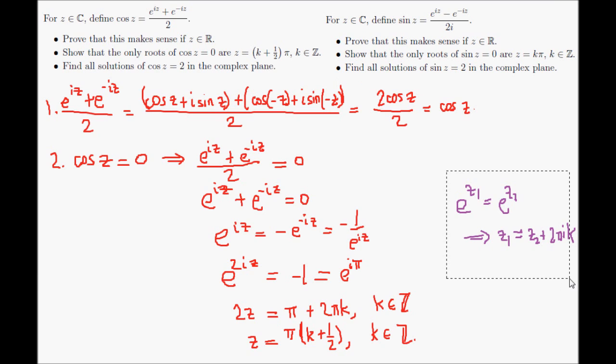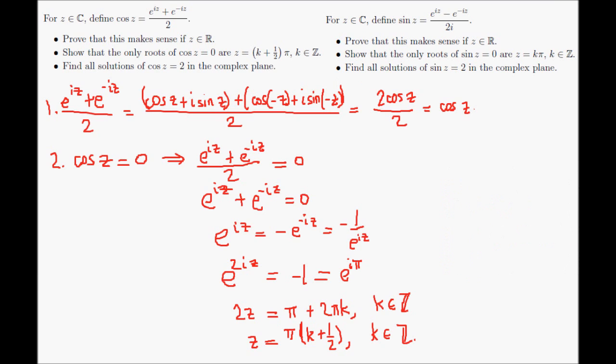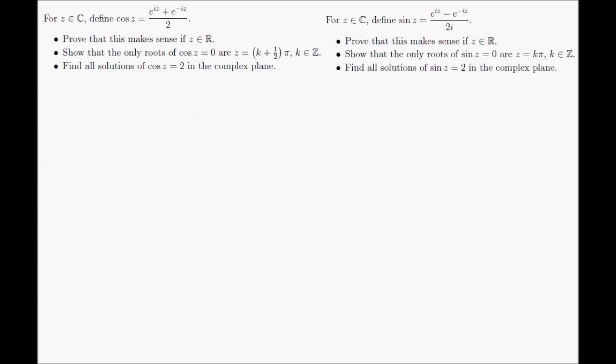Thirdly, let's solve cosine of z is equal to 2. Now clearly, this cannot happen if z is a real number. If z is real, then the cosine of a number must be between -1 and +1.